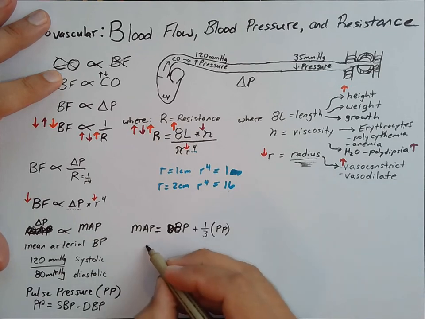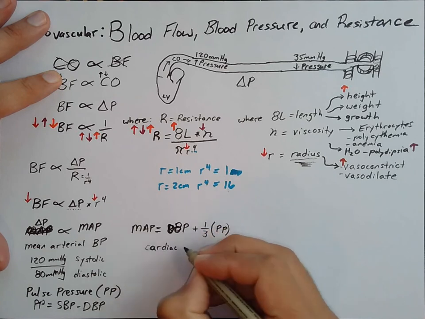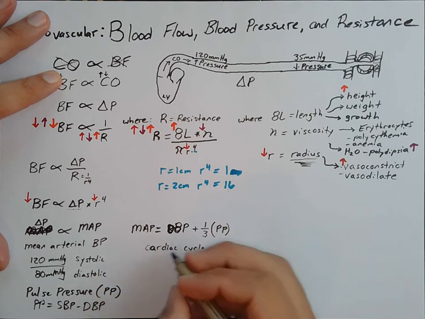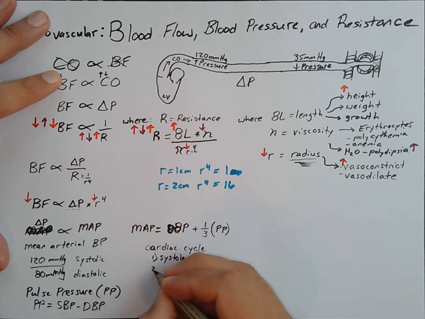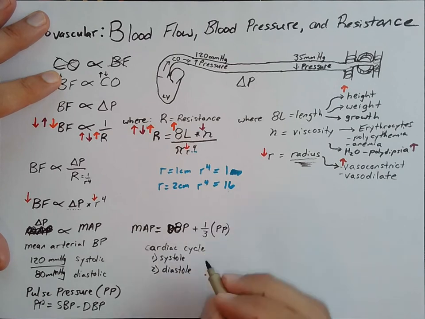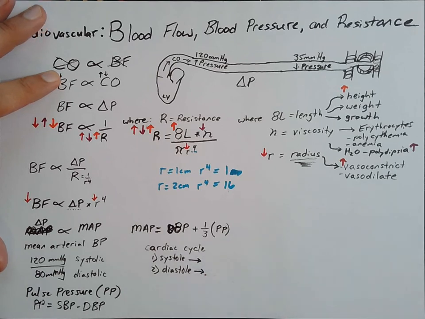Okay, so when we look at a cardiac cycle, it is comprised of systole and diastole. And that systole here is the contraction of the heart, and the diastole is the relaxation of the heart.